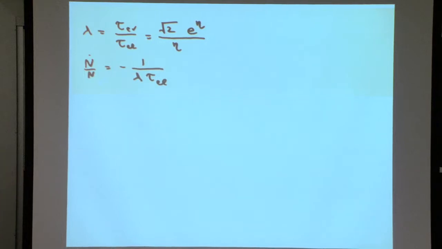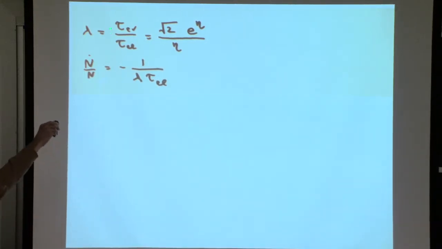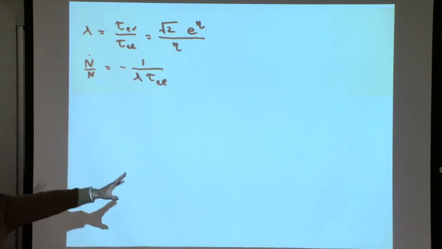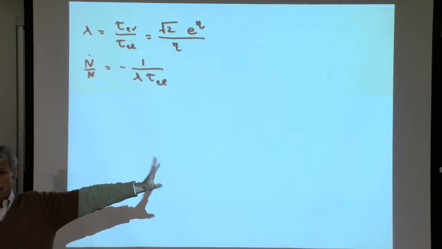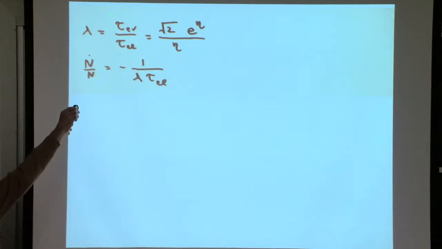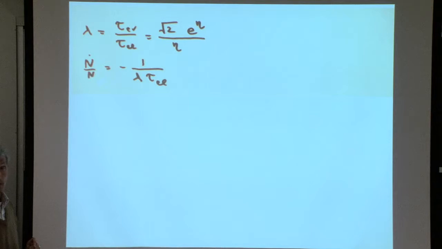So I want to express the rate for evaporation, the rate at which atoms are produced in the high energy tail, as a ratio lambda with the time between elastic collisions.